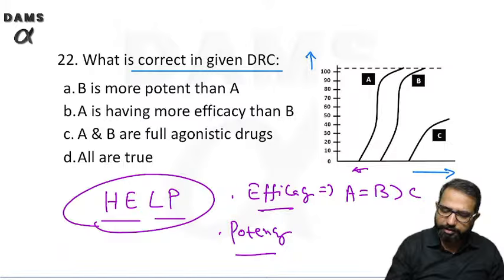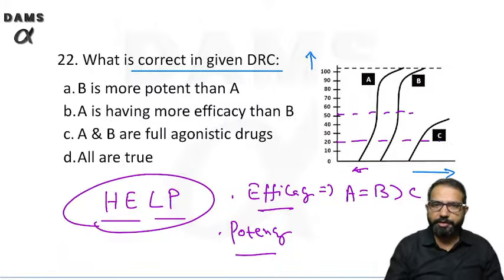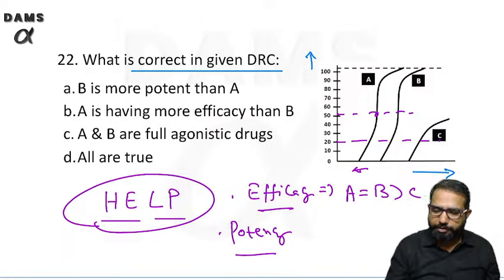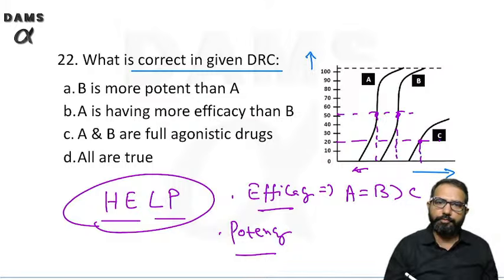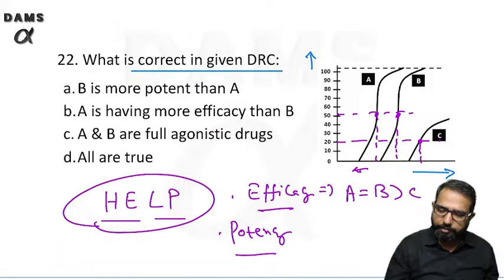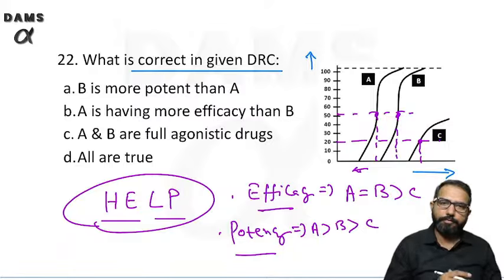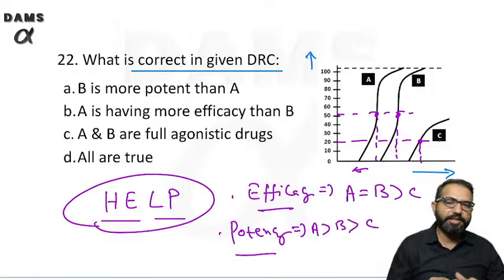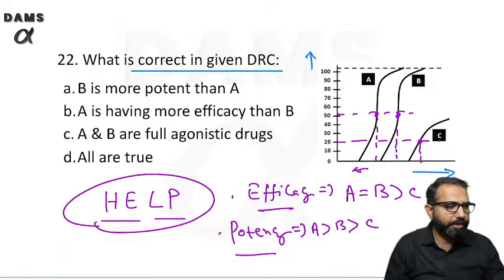We need to see the 50% response out of the maximum, and the dose required for it. You can see the drug on the left is A, then B, then C. So this is for the 50% dose requirement. So B is the drug.